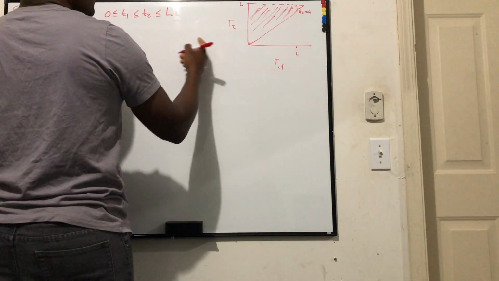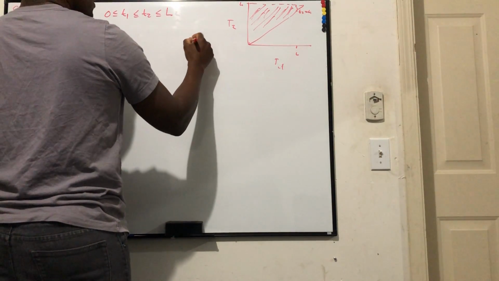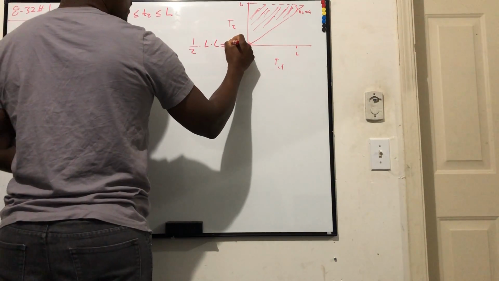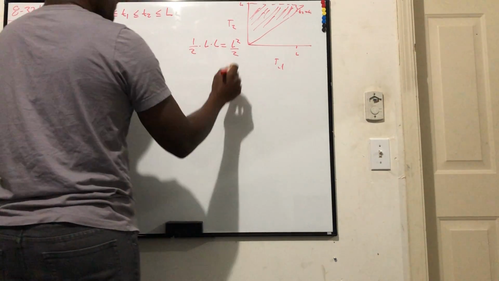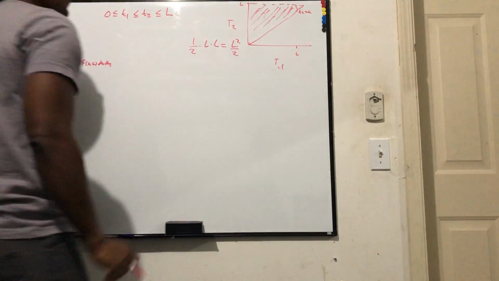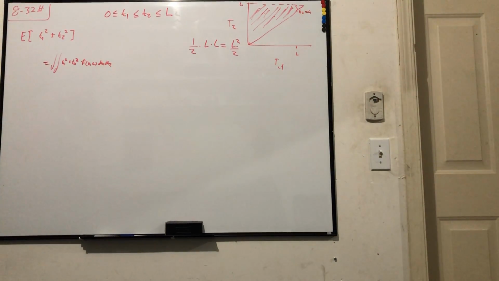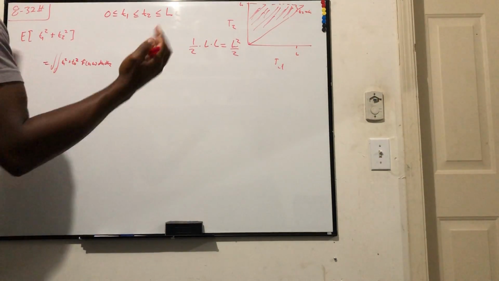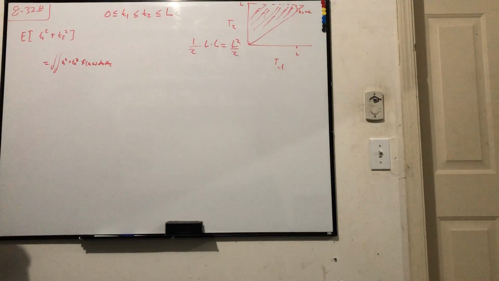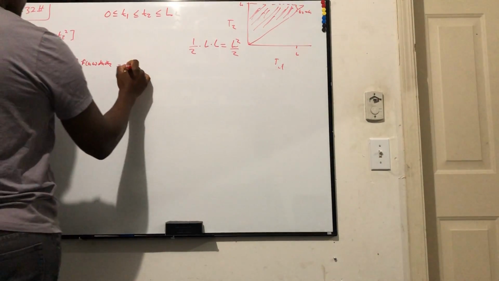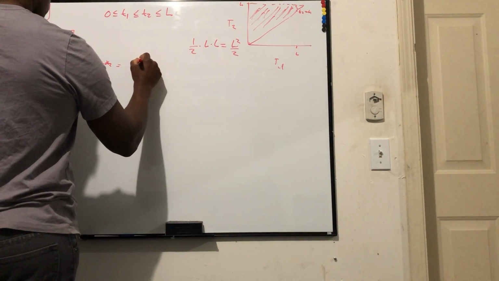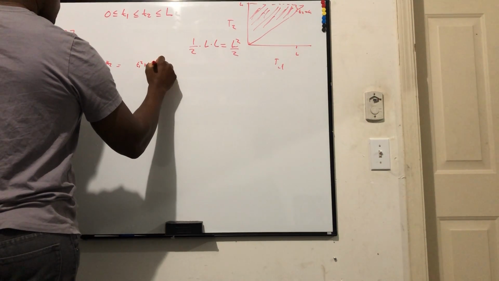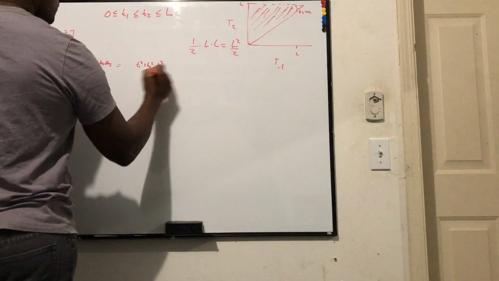Which means that the area of the region, because it's uniform, is L squared over 2. Half times the length and the length, because they're equal. Okay, so let's do that. That'll be T1 squared plus T2 squared over L squared over 2.